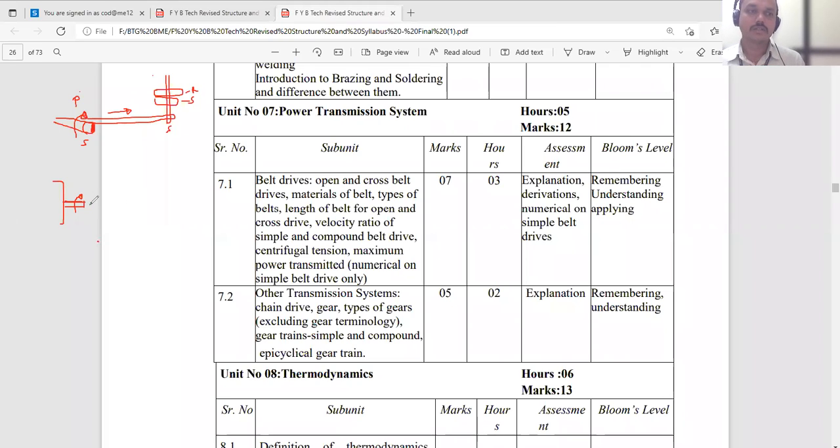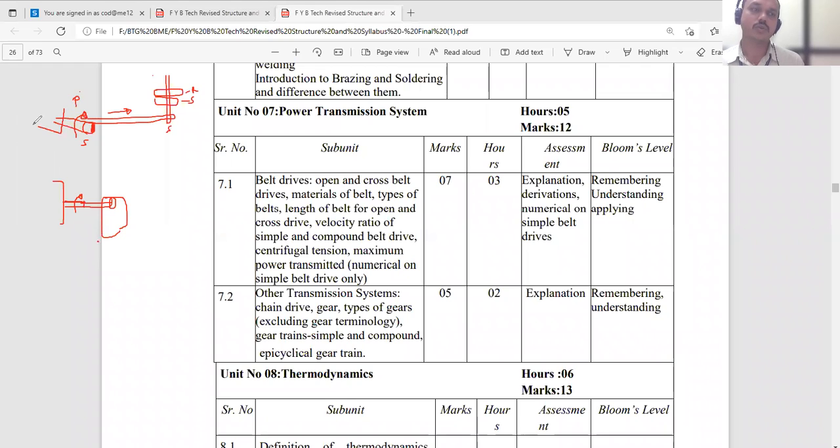To run that rotor, rotary power is required, so we have to transfer the power. If this is the rotor, we have to transfer this power to that rotor. That system of transferring power from the PTO shaft to the rotor is called the power transmission system.